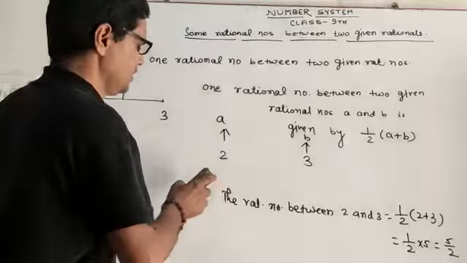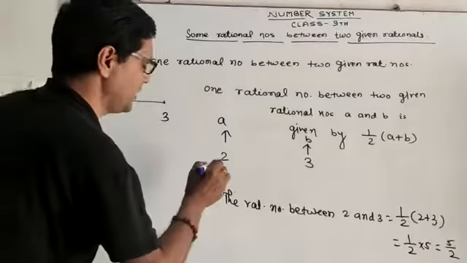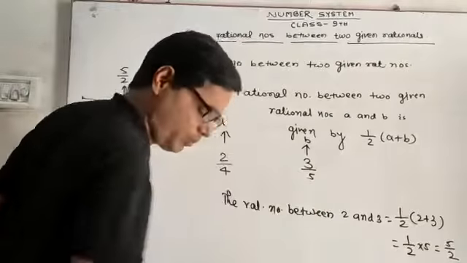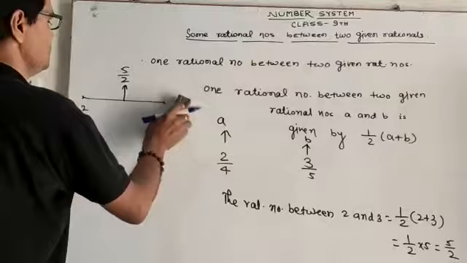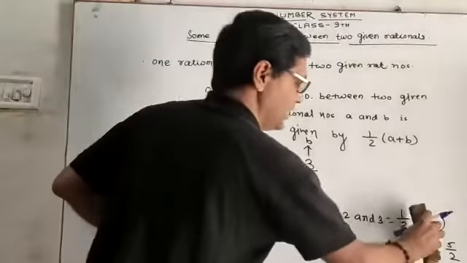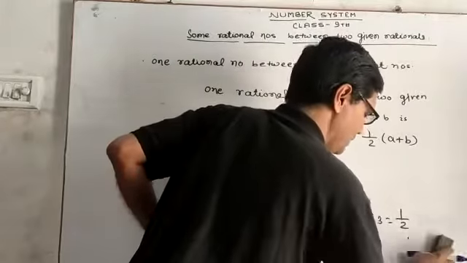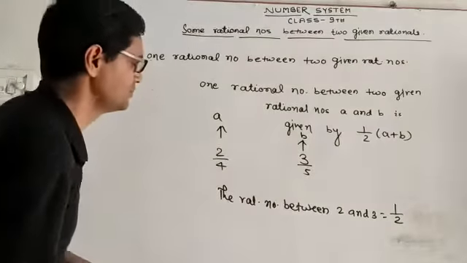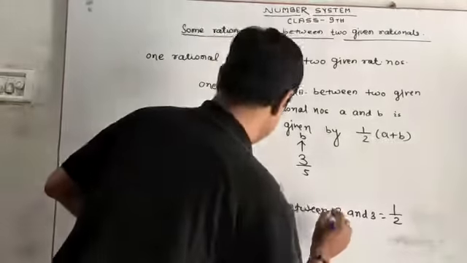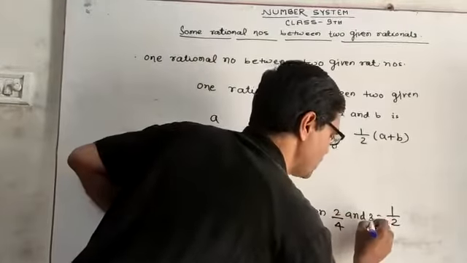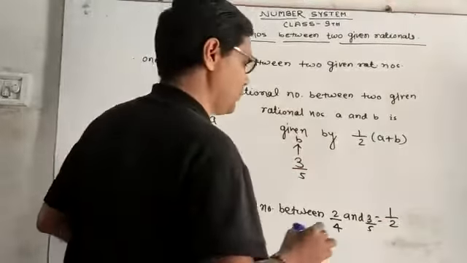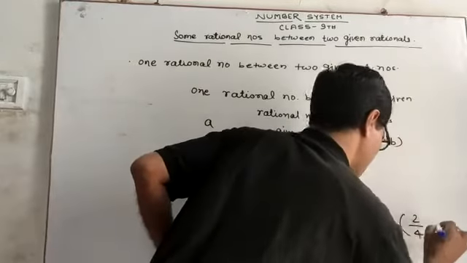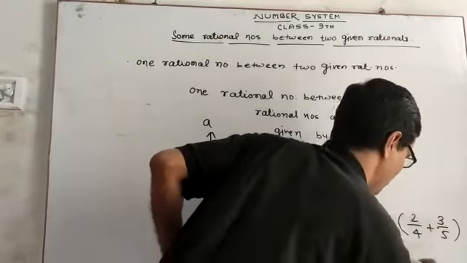Another example, if you want to find a rational number between 2 upon 4 and 3 upon 5, then the rational number between 2 upon 4 and 3 upon 5 will be 1 by 2 into (2 upon 4 plus 3 upon 5).